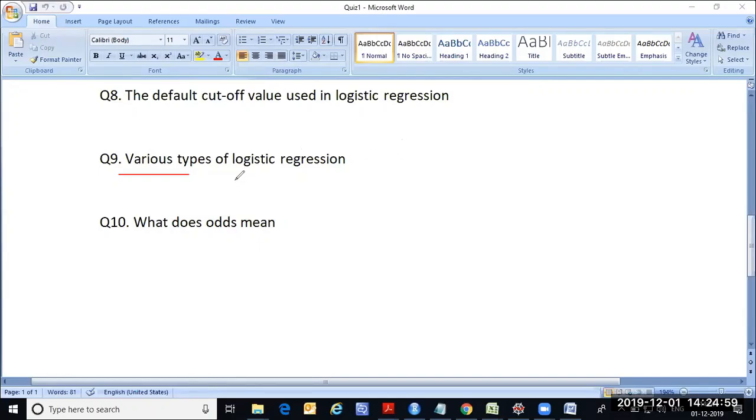If your output variable has more than two classes or more than two categories, then you can go for multinomial logistic regression. If Y has count data like 1, 2, 3, 4, 5, to predict that, you need to go for ordinal logistic regression. Am I clear, Praveen?